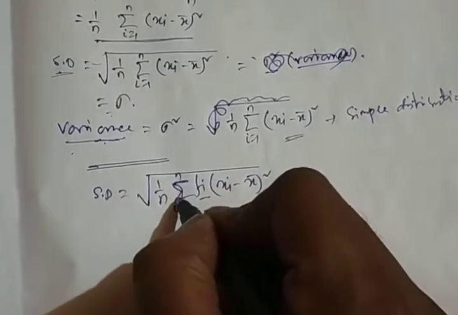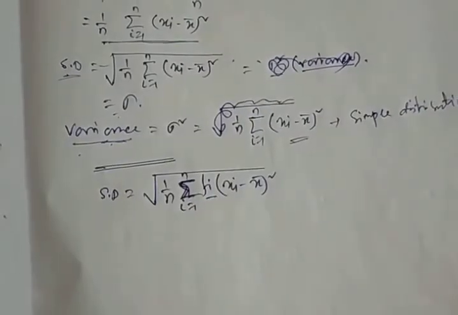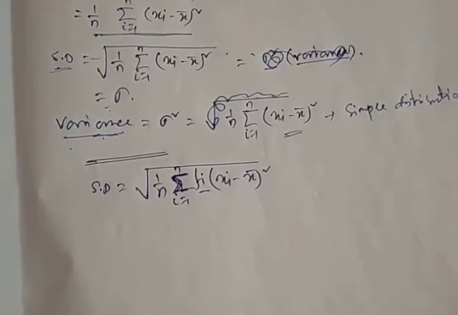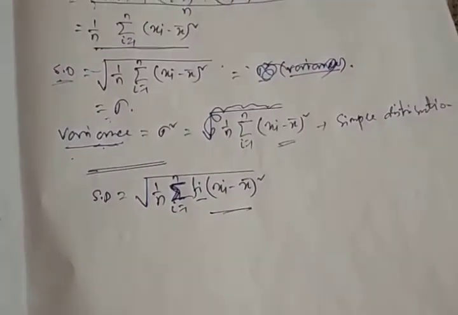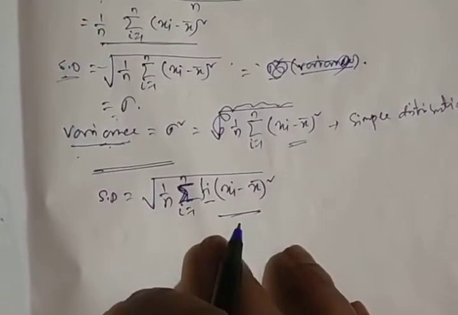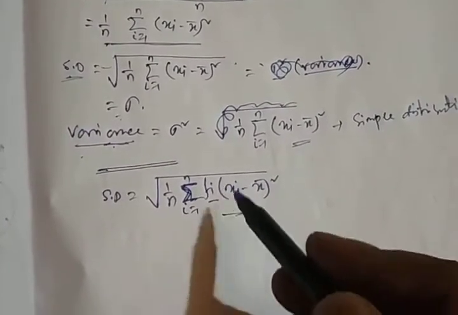The corresponding frequencies are multiplied with the corresponding squared deviations, and then we take their mean. So this is the formula for a simple frequency or group frequency distribution. In a group frequency distribution, the class marks are taken as the variable xi.